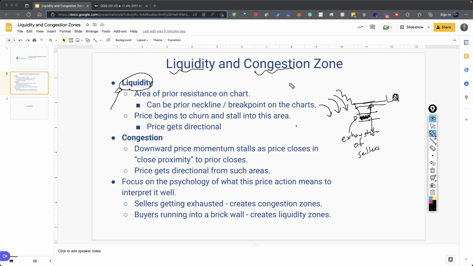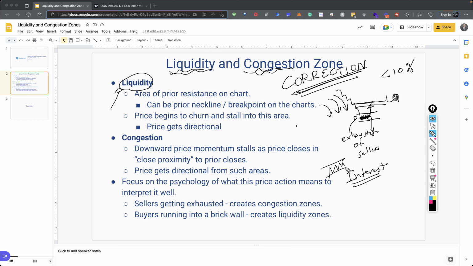And price goes through this liquidity and congestion zone when we're in a correction. This is the key part: when we're in a correction. These zones don't tend to mean much when we're in an uptrend, a trending market, or less than 10% off highs, because there's enough interest in the markets at each price level to keep price moving up and down day to day.